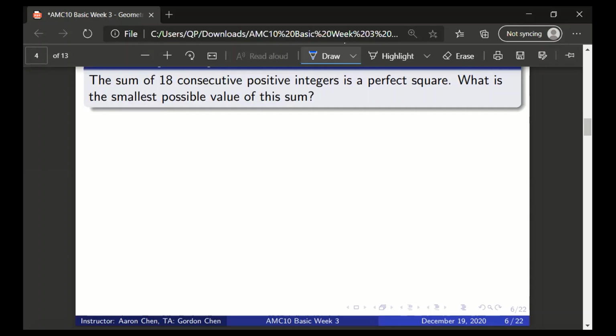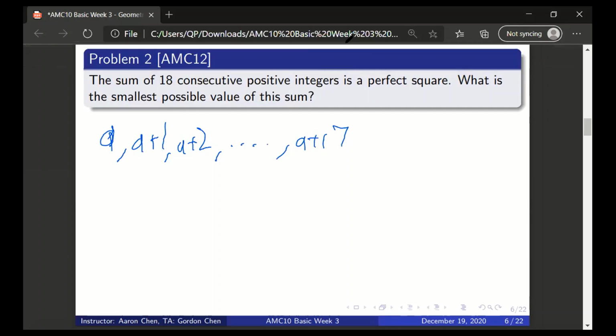So you can set the variable to be the smallest number. Let that be a. Then the 18 numbers would be a, a plus 1, a plus 2, all the way to a plus 17.